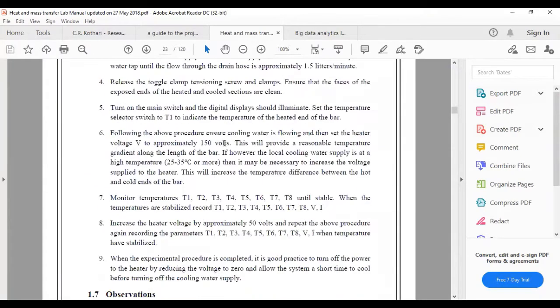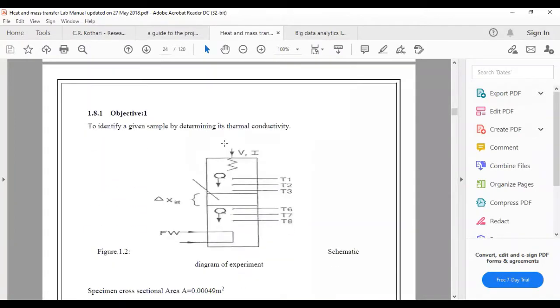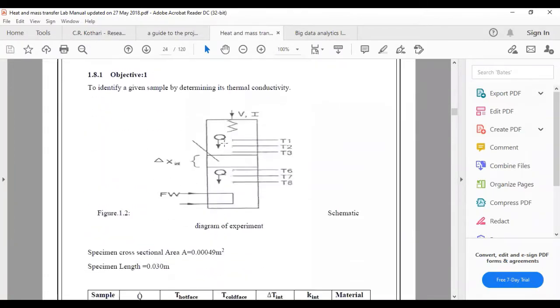Now I will explain the main idea of the experiment. This is the schematic diagram of our apparatus. On its upper part, there is a heater, which provides voltage and current, and heat will flow downward. On the lower part, we will provide a continuous supply of water, and due to this water flow, this region will remain cold and the upper part will remain hot.